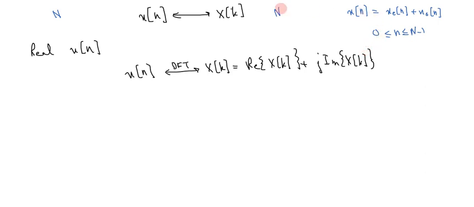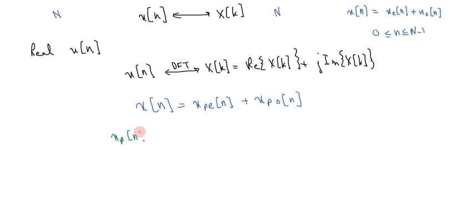So in this case, if you have to remain within this 0 to n minus 1, what you have to do is you have to define a new kind of decomposition which is known as x of periodic even and periodic odd. They are also known as circularly even and circularly odd signals. Let us define circularly even and circularly odd signals.